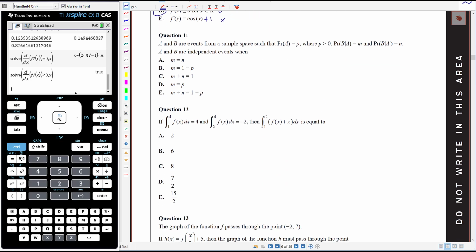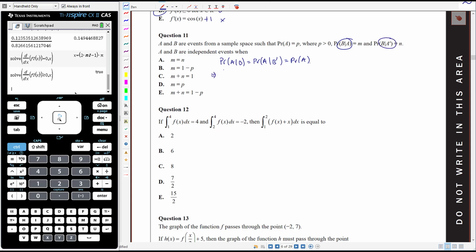A and B are events from a sample space such that the probability of A is P, where P is bigger than 0. The probability of B given A is M, and the probability of B given not A is N. A and B are independent events when... Okay, so if you know about independence, generally speaking, the probability of A given B is the same as the probability of A given not B, which is just the probability of A. Now, in this case, we've been given conditional probabilities the other way around.